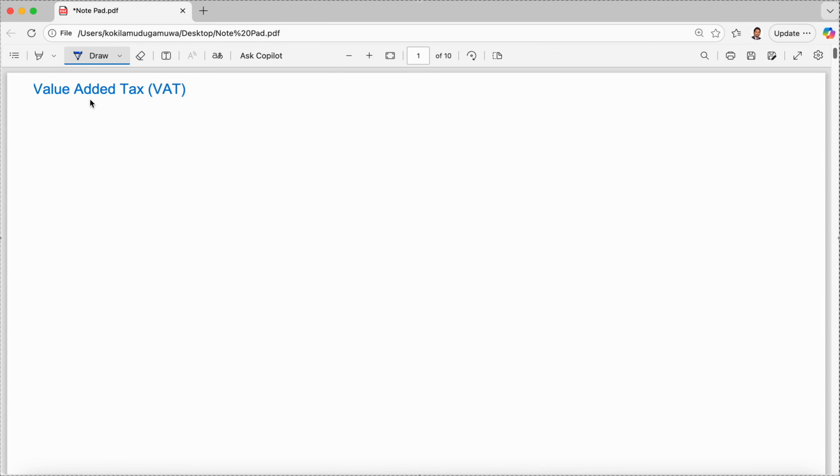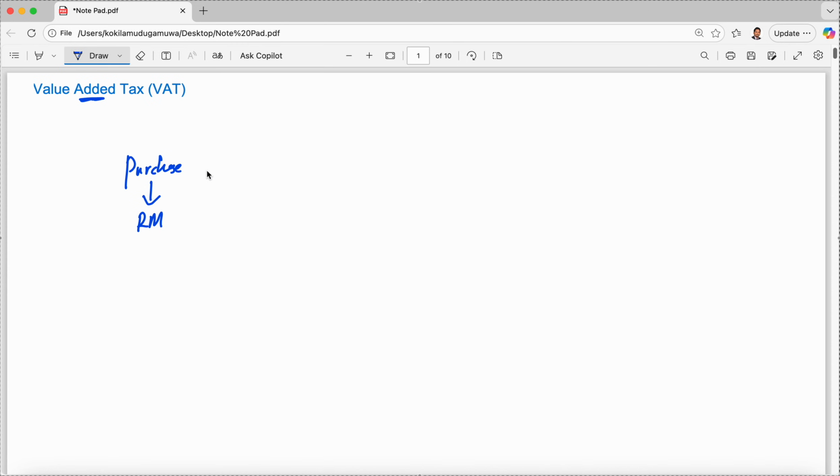its word itself tells you: value added tax. So if you are doing a business, right, you do purchases. Let's say the company is manufacturing some goods, then you have to purchase raw material.